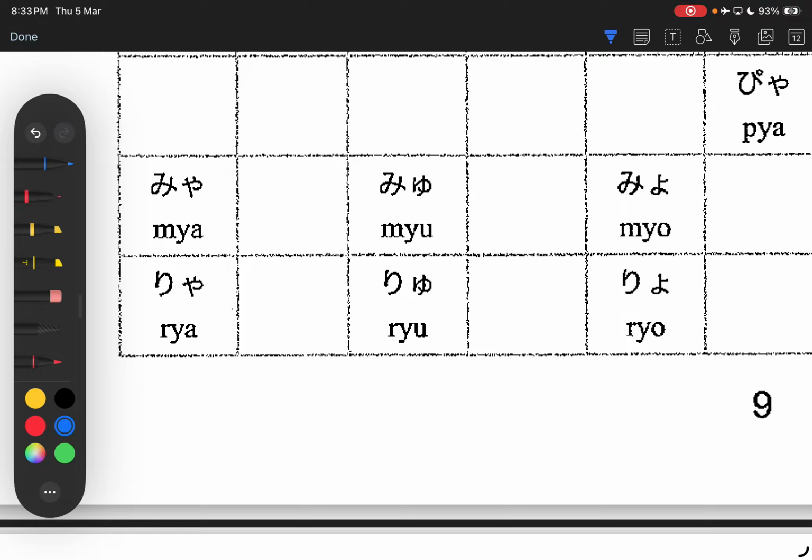Next we have RYU, lyu. It's not the Instagram reel. This is LYU. Next we have RYO, lyo. Not the R sound, LYO. Bang dio. Okay, LYO.